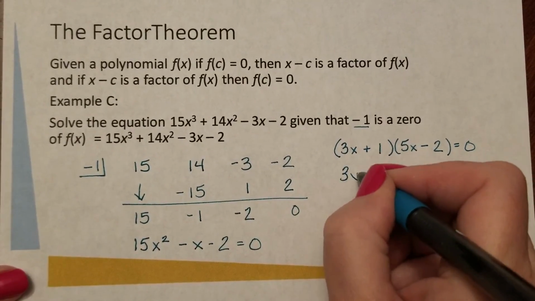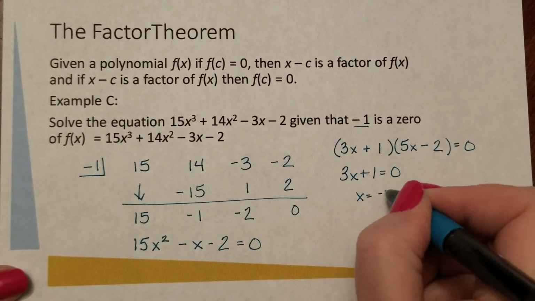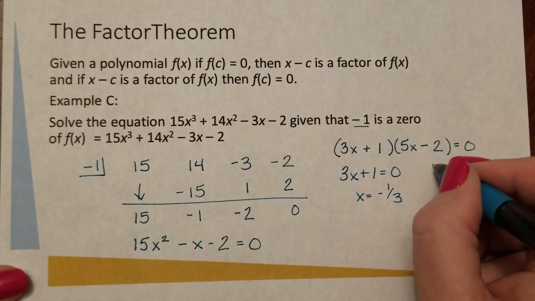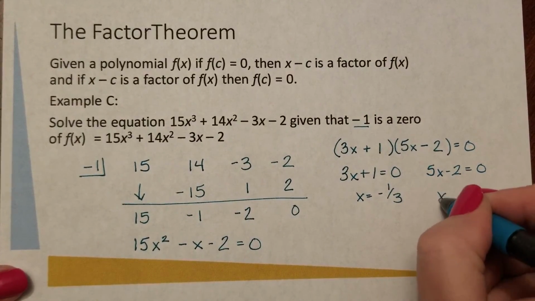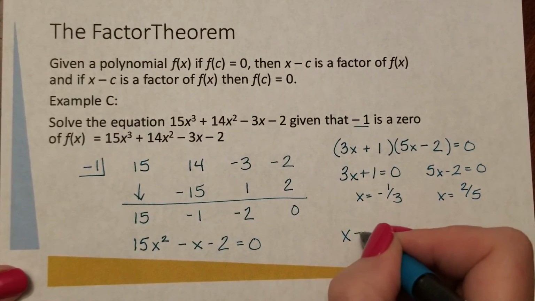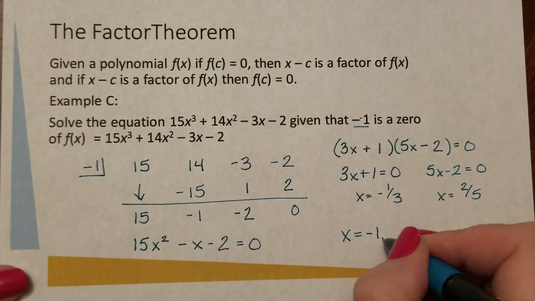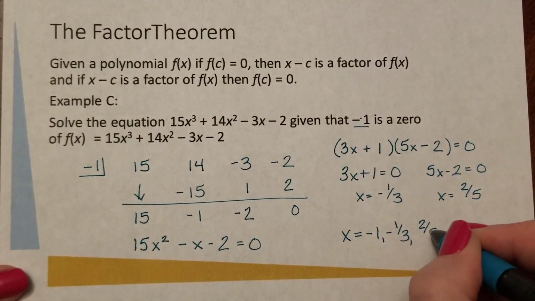So 3x plus 1 equals 0. So x is equal to negative 1/3. 5x minus 2 equals 0. So x is equal to 2/5. So my zeros are going to be negative 1, negative 1/3, and a positive 2/5.